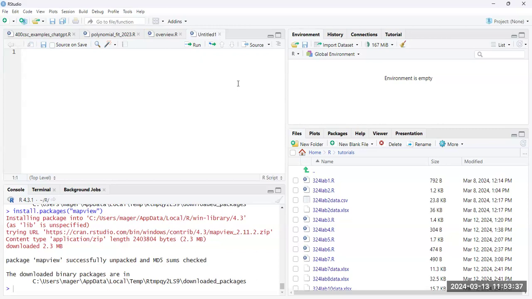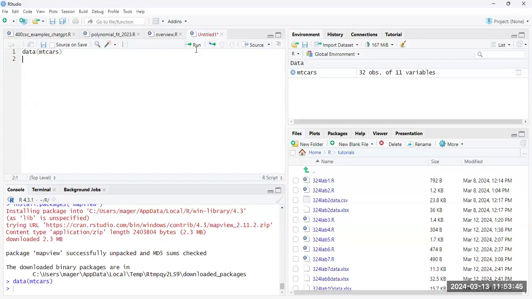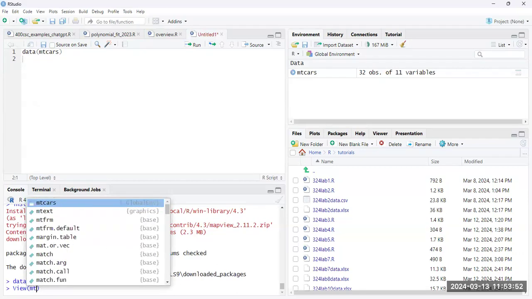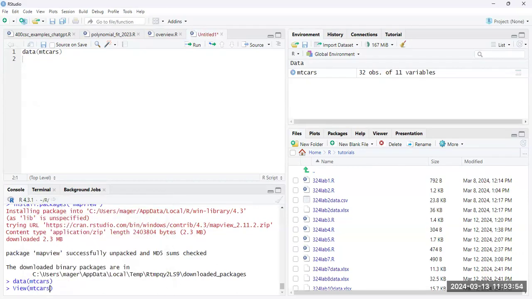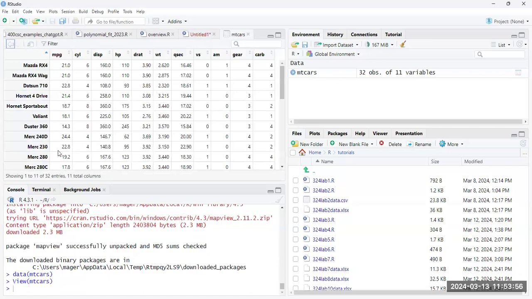So let us first begin by pulling in our data, mtcars. And we have seen this data before, so if we want, we can go ahead and view the data set just to, again, confirm the way that it looks.